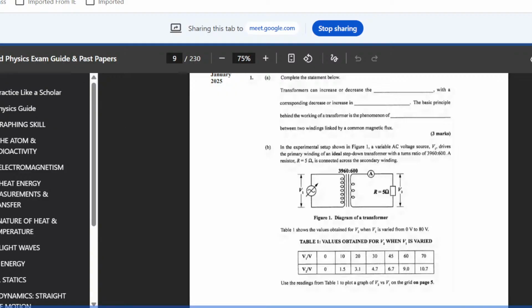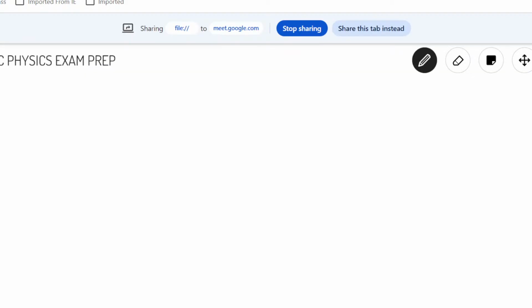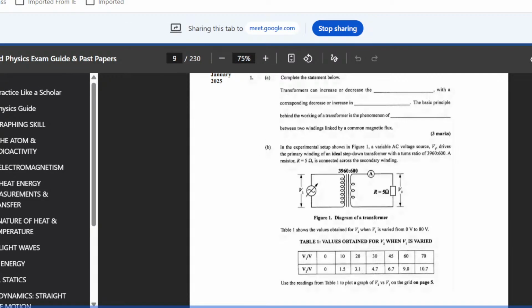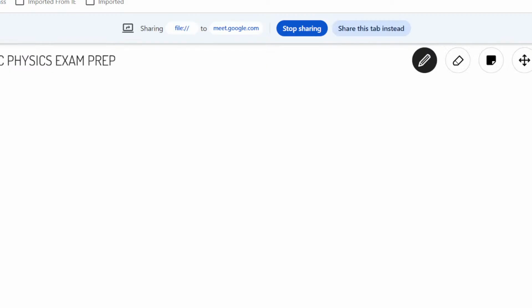If you remember the diagram of a transformer and the principle behind the transformer, what is a transformer used to do? So let's begin with that. Transformers. Anybody remembers what the transformer is used for? Or the purpose of it?